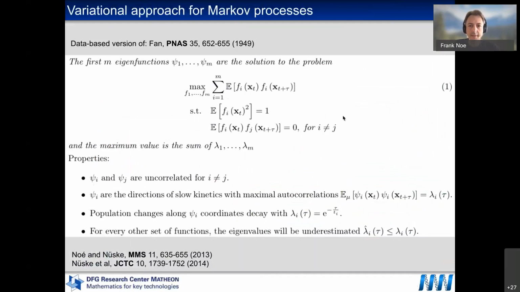And interestingly, we can derive a variational principle. That's like in quantum mechanics. In quantum mechanics, you also have an operator, the Hamilton operator, and you often are interested in computing eigenfunctions and eigenvalues of this operator. The wave function, for example, the ground state wave function and the ground state energy.